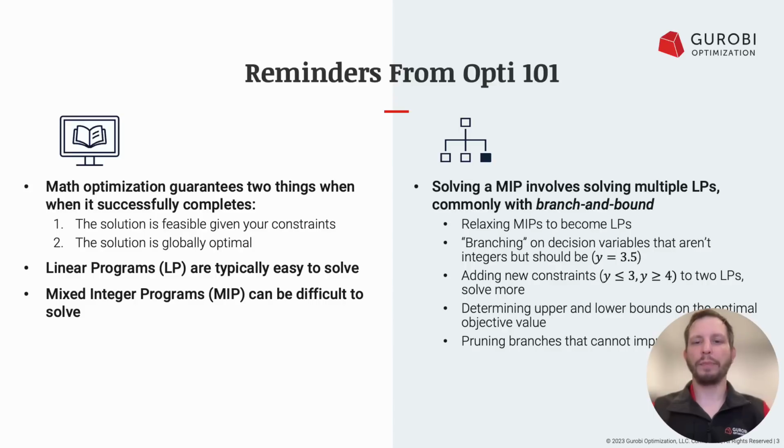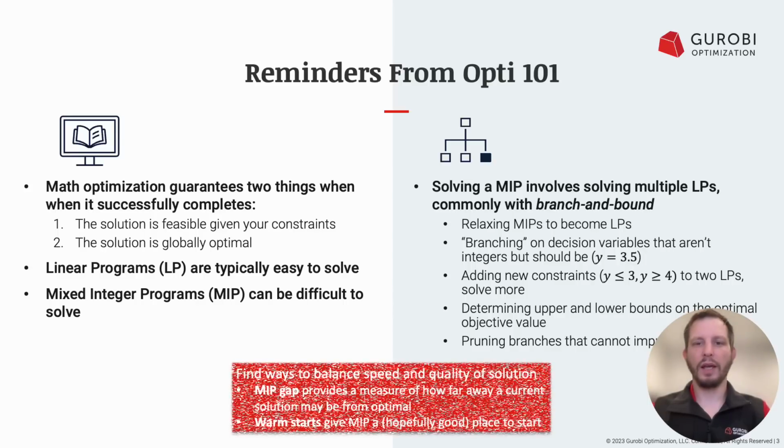Because MIPs can take a long time to solve depending on a lot of things, it's important to find ways to balance speed and quality of solution. Is it worth being a few percentage points off of optimal if you get your solution super fast? Maybe, maybe not. It depends on the problem and what your goals are.